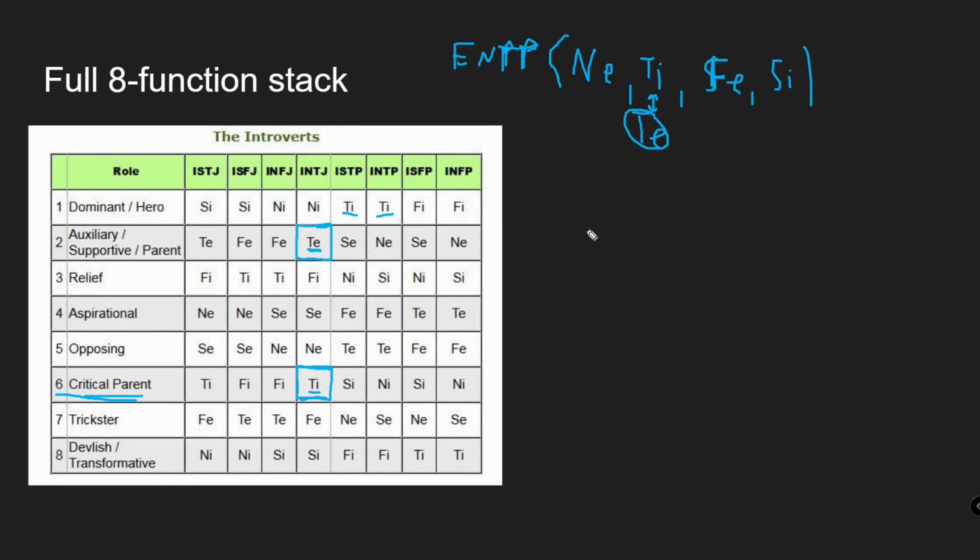Now, why is the critical parent strong? There are 2 reasons. The main reason is it's the shadow function of your auxiliary function, which in itself is usually really strong. And the critical parent function can also get really strong if you get shut down often by other people. Let's just say we are going to present people with graphs and facts.